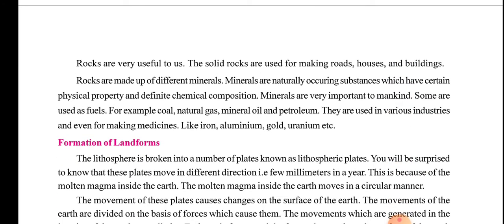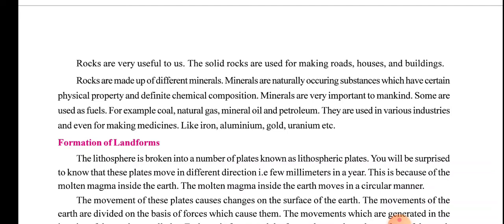And rocks are very useful to us. How? Let us see. The solid rocks are used for making roads, houses, and buildings. Rocks are made up of different minerals. Minerals are naturally occurring substances which have certain physical properties and a definite chemical composition.